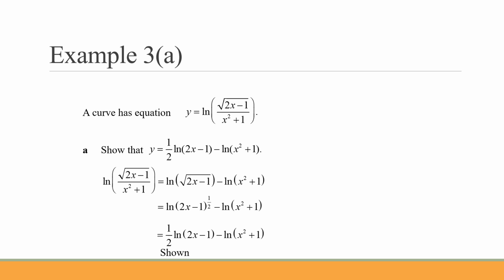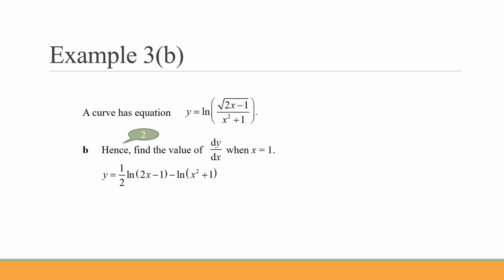Next, part B. Now for the second objective, we are asked to find the value of the gradient. The gradient in this case is dy over dx, so we have to find it when x equals 1. You should try to differentiate.